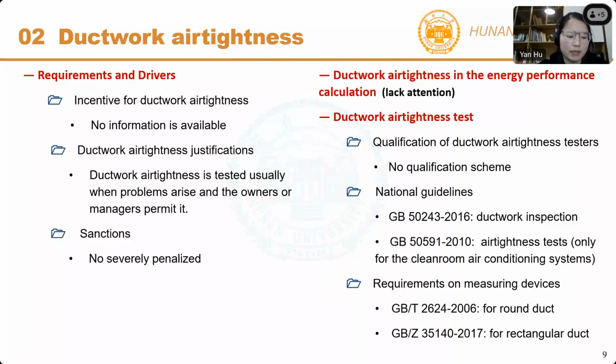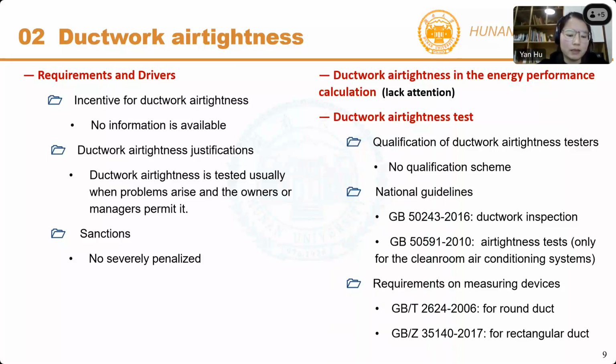Ductwork airtightness is tested usually when problems arise and the owners or managers permit it. If the measured air leakage rate does not meet the requirements, repair work will be performed. And also the developer will not be penalized if the ductwork does not meet the requirements.